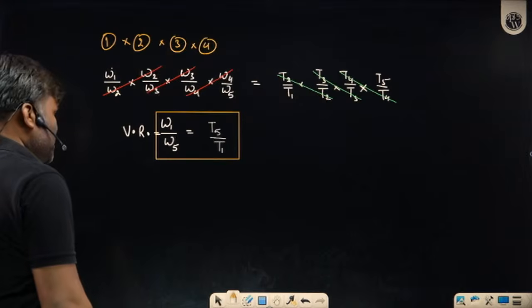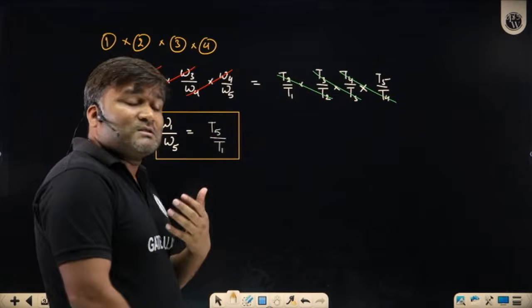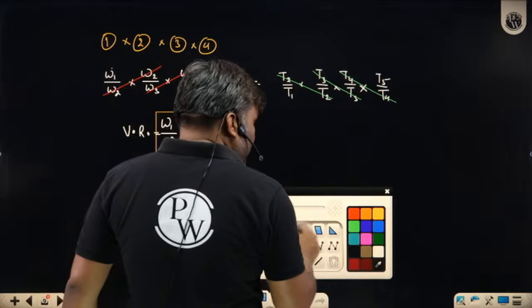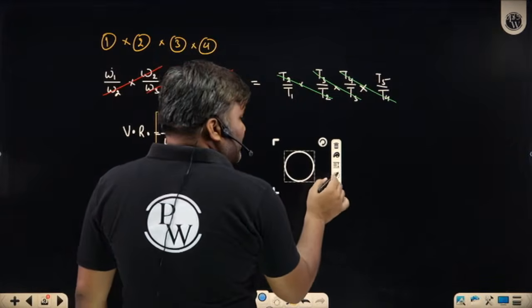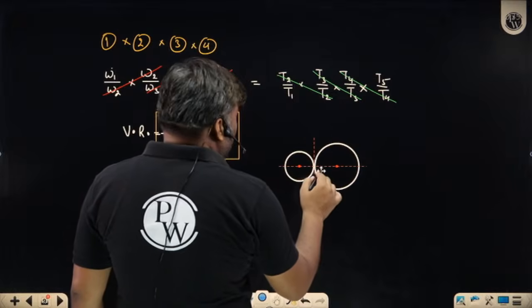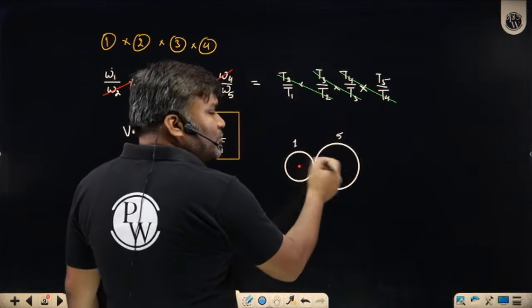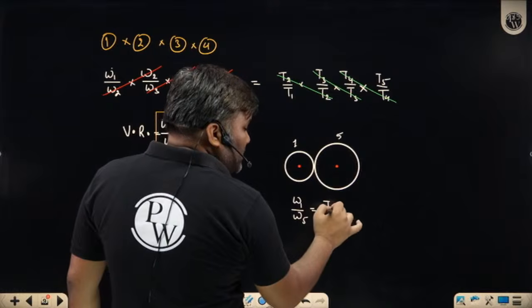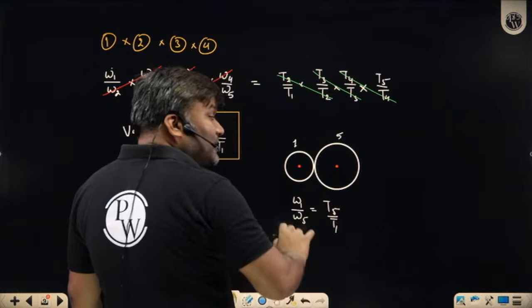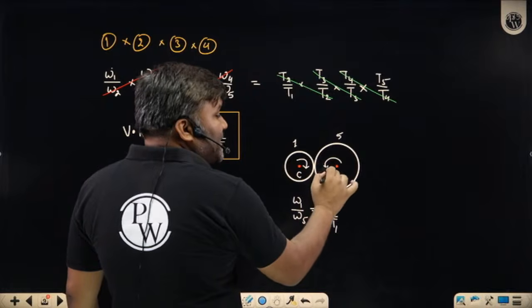You cannot simply say, sir, omega 1 by omega 5 is T5 by T1. It looks like I have only used gear 1 and gear 5. Only gear 1 and gear 5. You cannot simply say this. This is my gear number 1, gear number 5. If you mesh only these 2 gears, omega 1 by omega 5 will be, no doubt, T5 by T1. But if one is clockwise, the other has to be anti-clockwise.